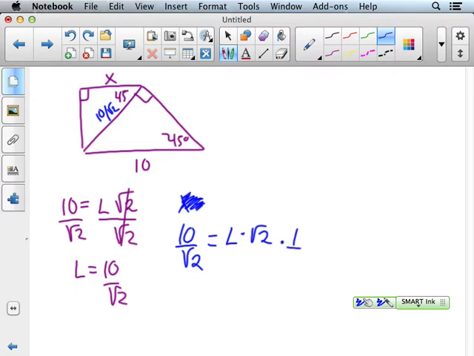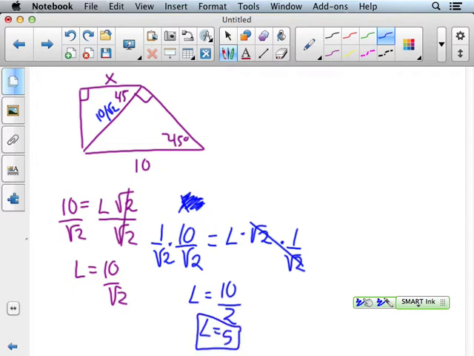So I'm going to multiply by the reciprocal, 1 over square root 2. Do the same thing here. These cancel, so I get that my leg is 10 divided by square root 2 times square root 2, which is just square root 4, which is 2, so this just becomes 2. So my leg measures 5. Okay, final answer there.